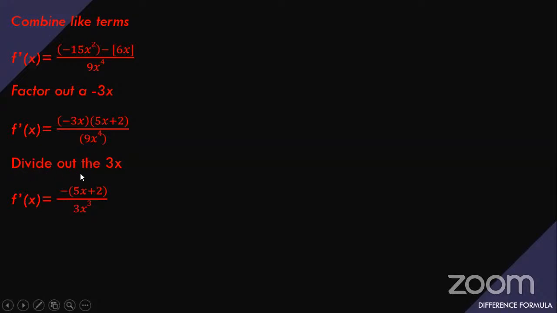So if we divide out 3x, we have minus (5x plus 2) divided by 3x cubed.